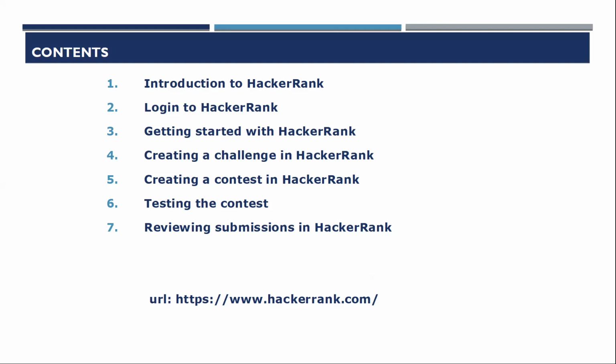Now we can do one thing. The first is either we can click on this particular link to open hackerrank.com, or otherwise you can also Google for the HackerRank platform.